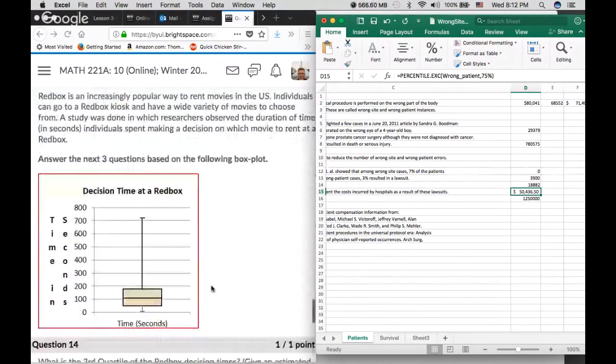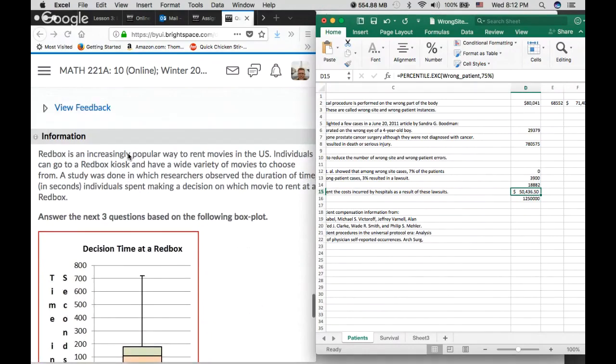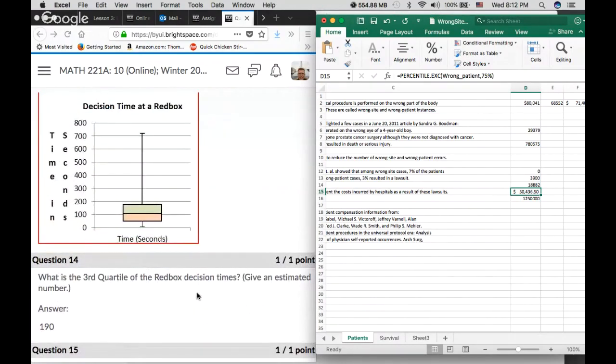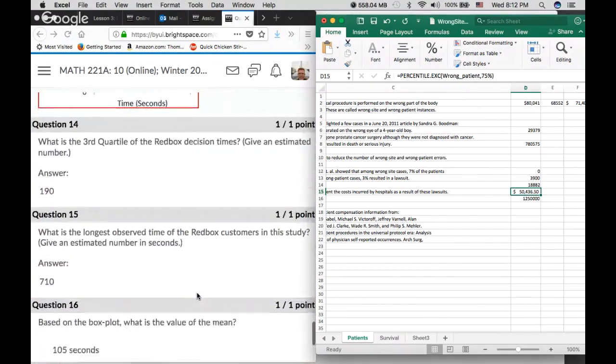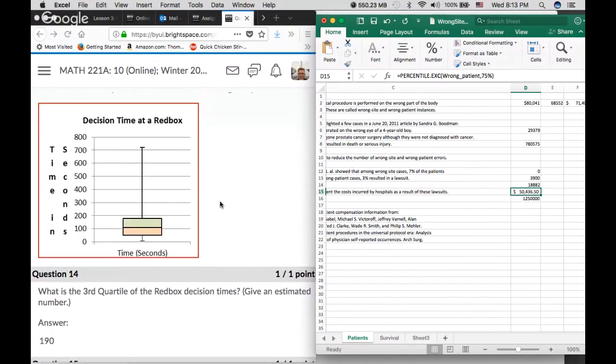Okay, perfect. So then the next one we're going to do is the box plot. This type of graph is the box and whiskers, as they call it in math.